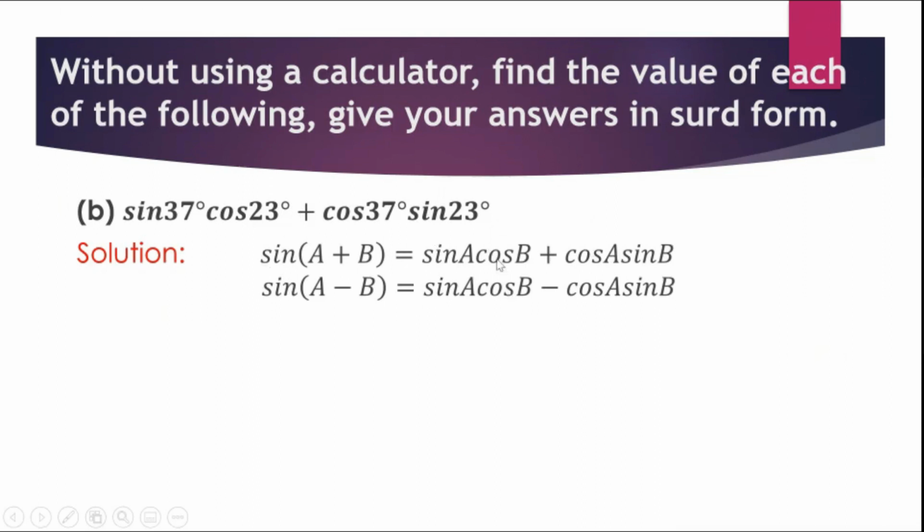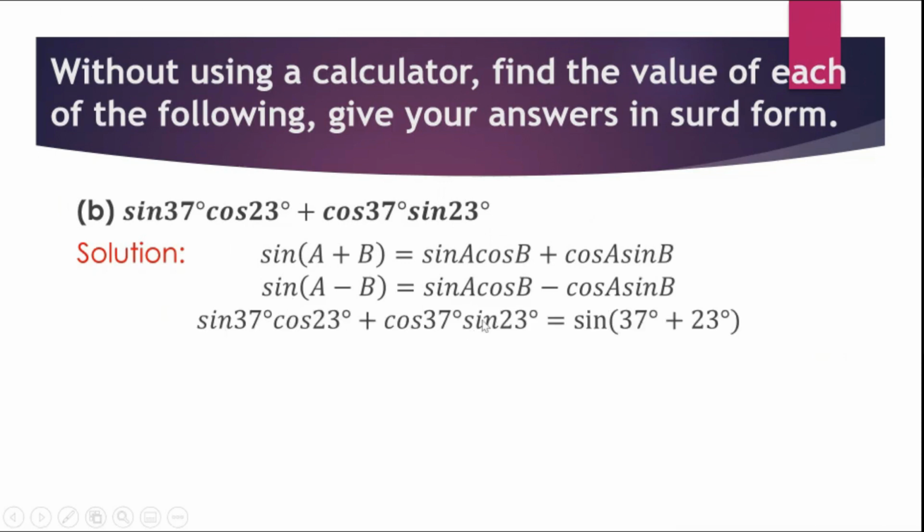Okay, yung una. So, yung format niya, nakaayon kay sin A cos B plus cosine A sin B. Okay, so addition ang ating operation here. So, we're going to use the first formula. Okay, so therefore, we can express that as sine 37 degrees plus 23 degrees, which is equal to sine 60 degrees. And we know that sine 60 degrees is equal to the square root of 3 over 2.